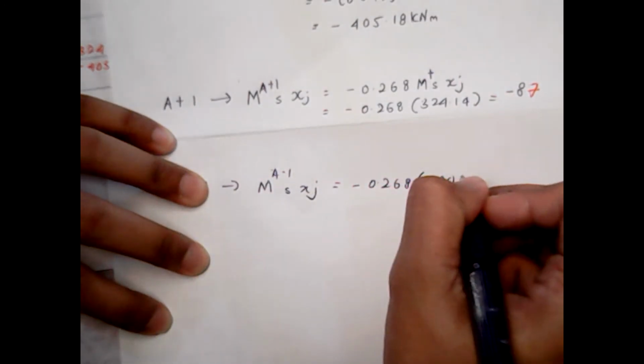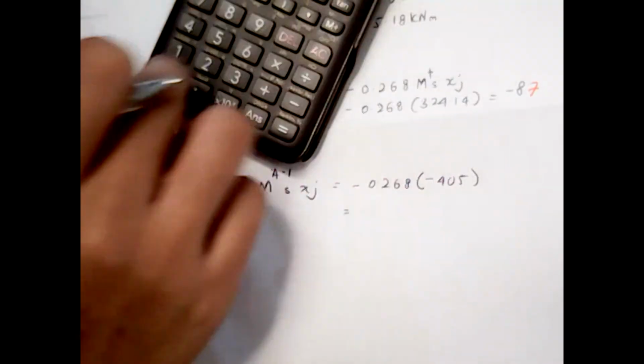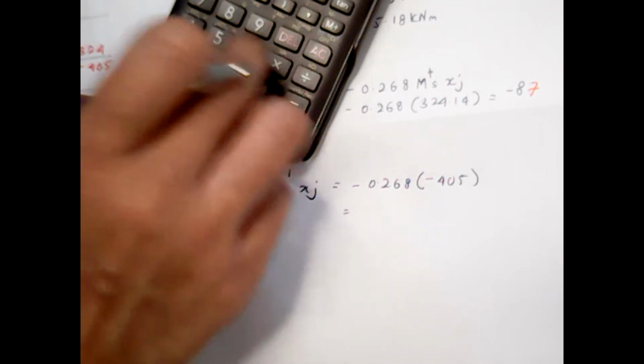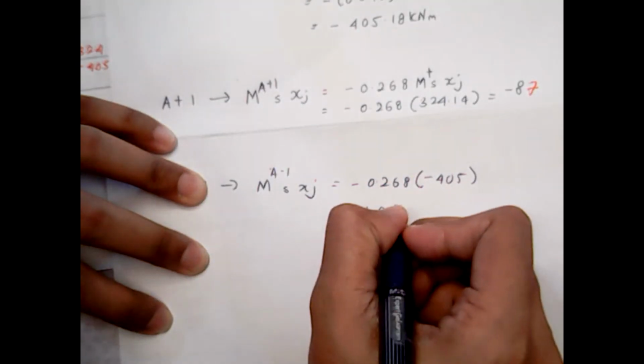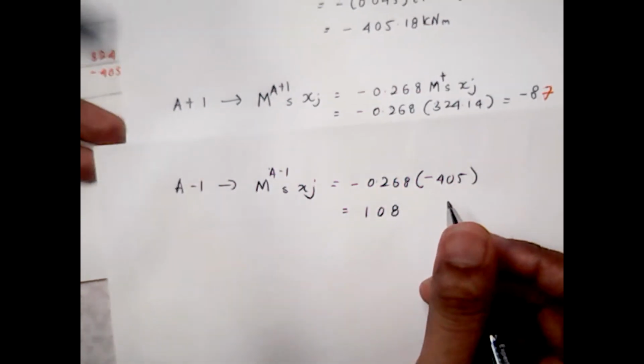You get 0.268 times 405, which is 108 kilonewton meter.